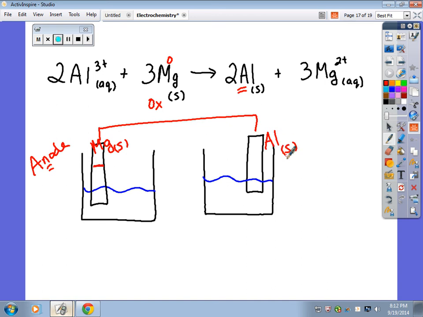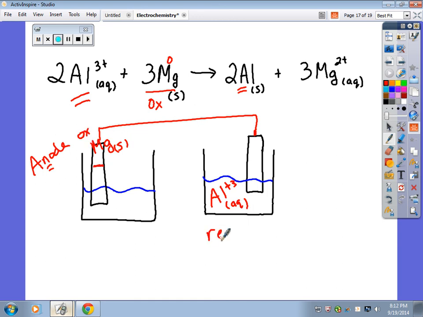If that confuses me, I can go in order of before and after. So what's my before? Here's my magnesium. This is my before. Let's get rid of this so it's maybe not as confusing, or it's a different way. There's all kinds of ways you can do this. So this is my before, isn't it? So where's that? That's in this beaker. This is oxidized.